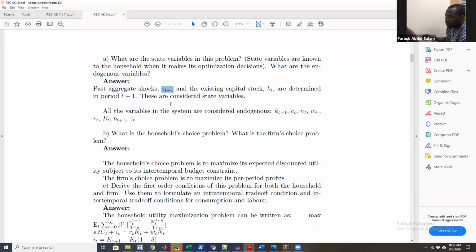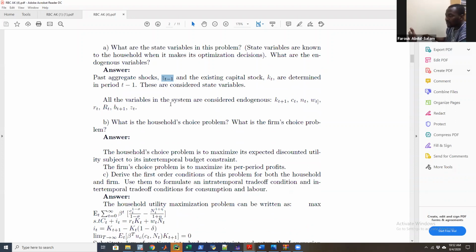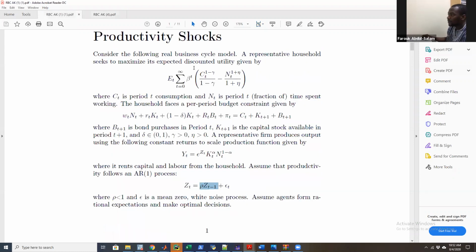Now, what we technically cannot say has been predetermined are the variables that we need to determine within the model as of today. An example is, in this setup, you have to tell us how much consumption this individual is interested in having today, which is CT.